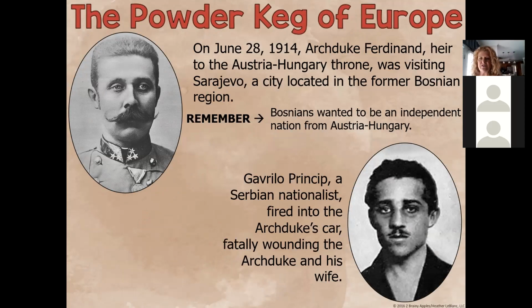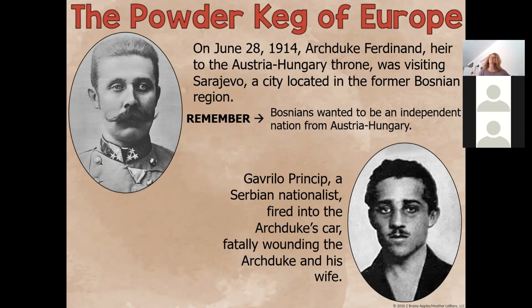The situation that exists over there is that Serbia is not happy that the Slavs do not have their own country and that the Bosnians do not have their own country. They do not want to be part of the Austria-Hungary Empire. And they have a friend that has connected with them with an alliance in Russia.